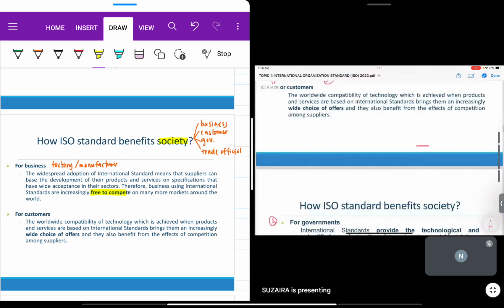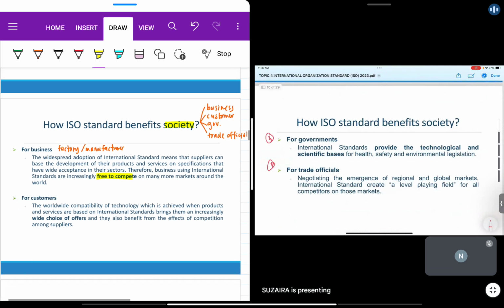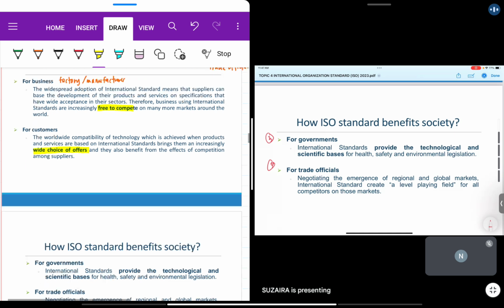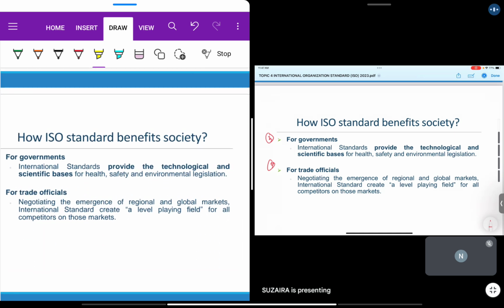And in terms of the government, as I mentioned just now, whenever we have a standard, in order for a company to get the standard, they have to face the auditing process, internal and also external. Internal means that they have a committee that will conduct the audit process.